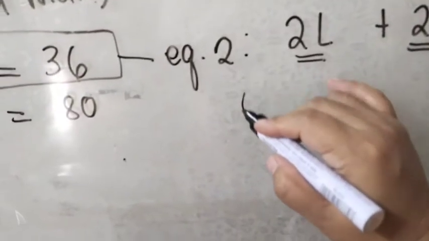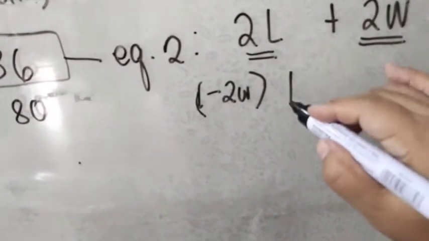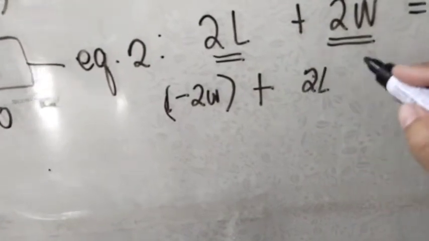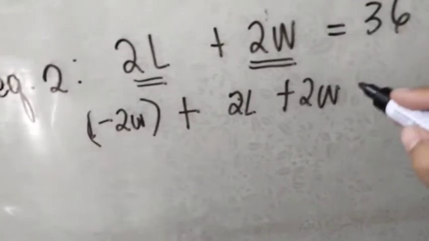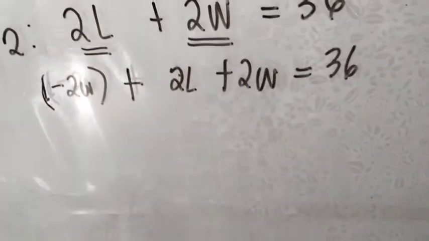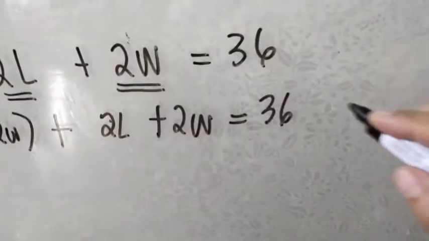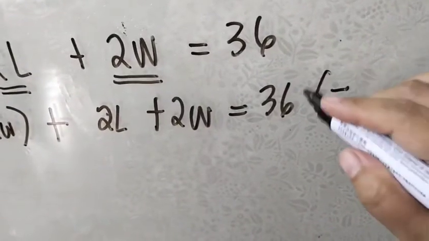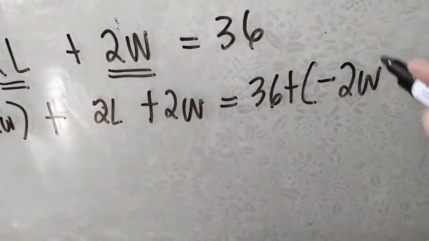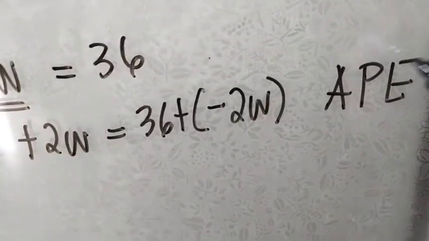We have to add the additive inverse of 2W, which is negative 2W, so negative 2W plus 2L plus 2W equals 36. Since nag-add tayo sa kaliwa ng negative 2W, sa kanan, magdadagdag din tayo ng negative 2W. And that is your addition property of equality.